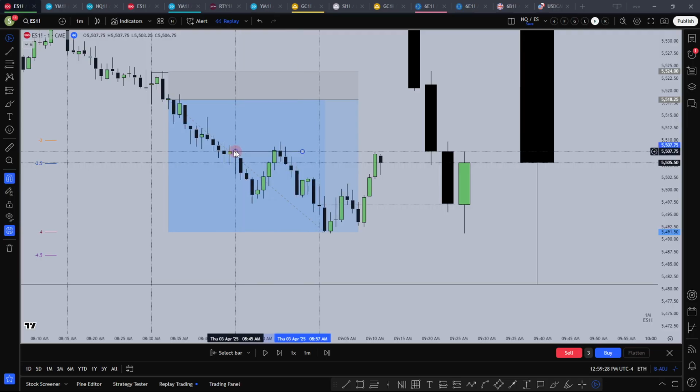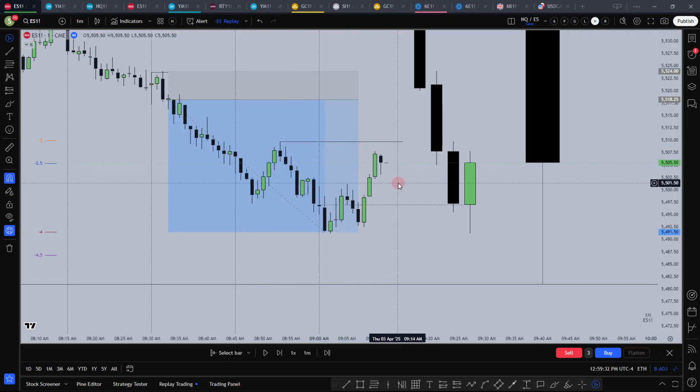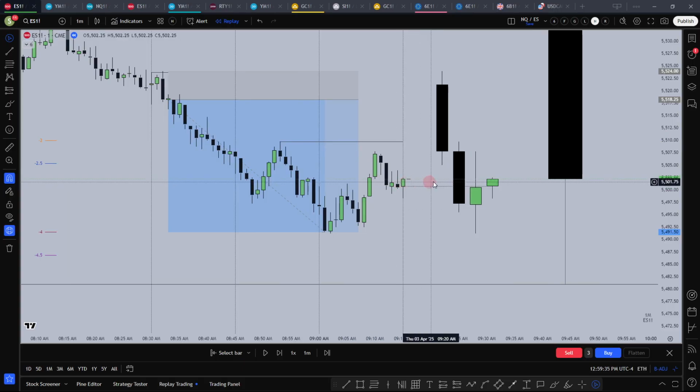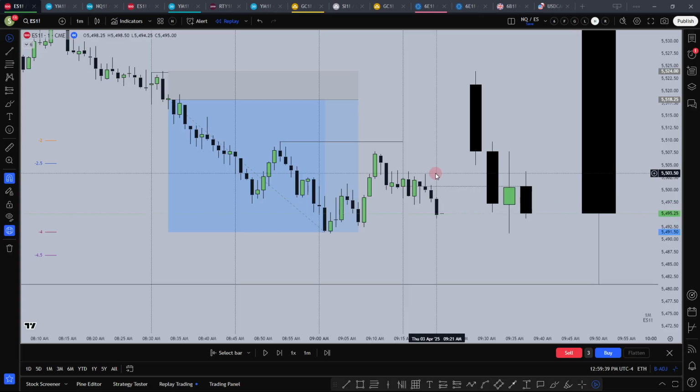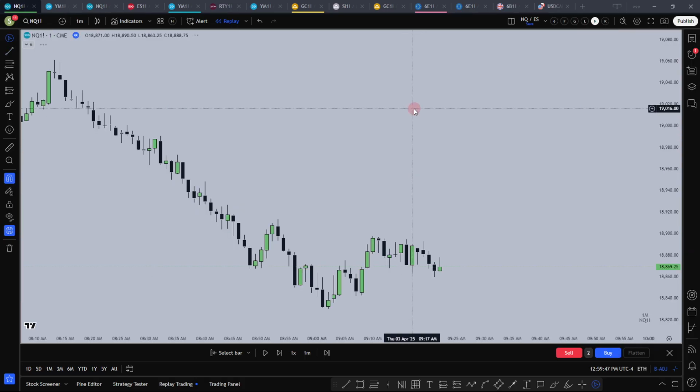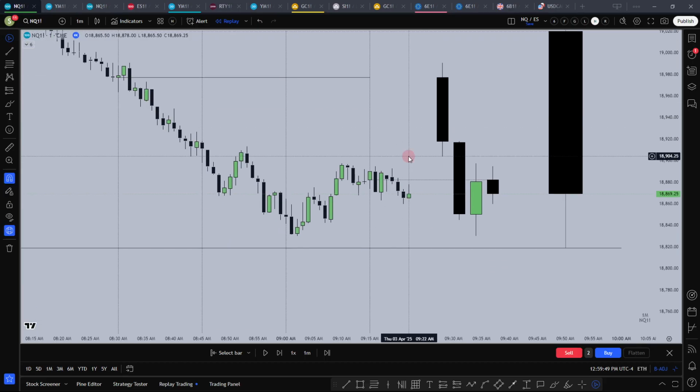This would have been my trailing stop. So I would have gotten trailed there, not currently, but soon. If this was an SMT, I would have trailed it here. Nope, this wasn't.